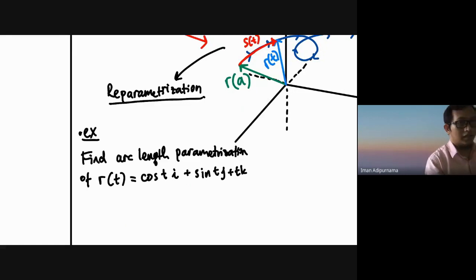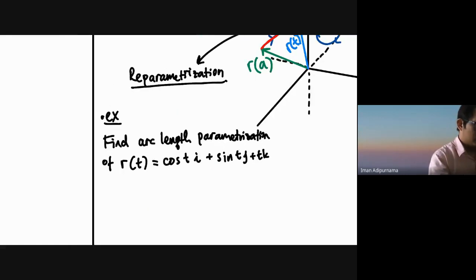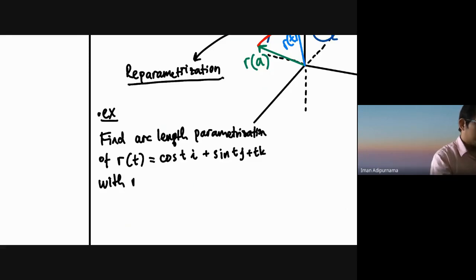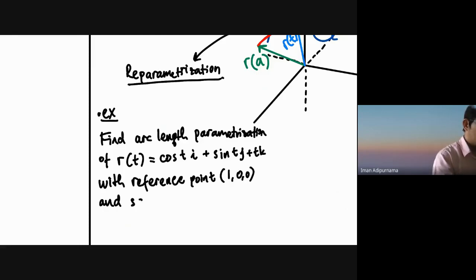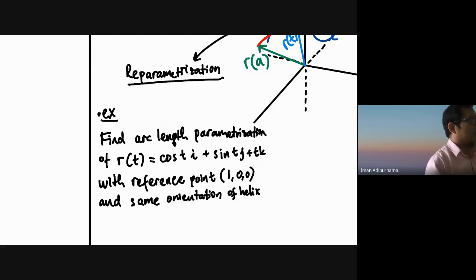This is the helix with reference point (1, 0, 0) and the same orientation as the helix. Reparametrization means it can go in opposite directions, but it is on the same arc length.